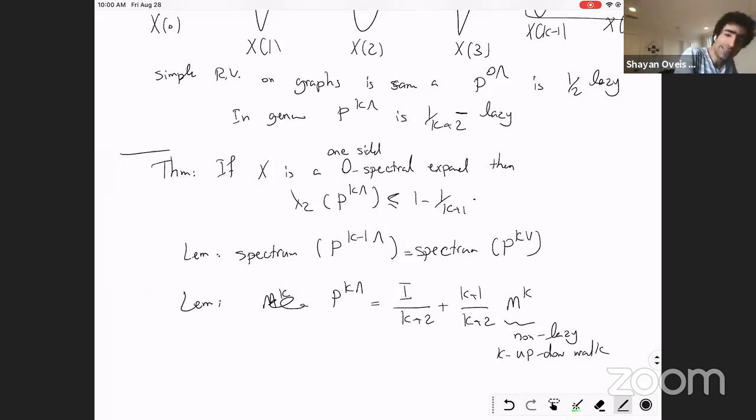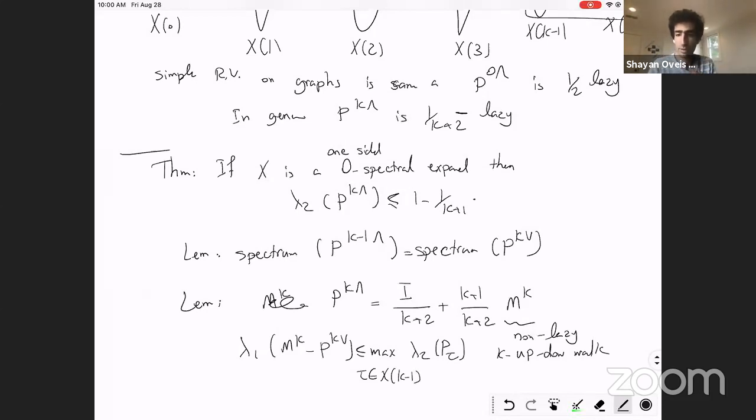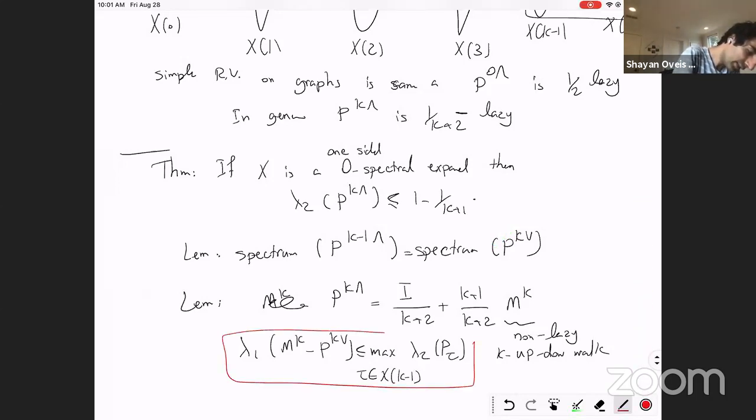And the second lemma says that the largest eigenvalue of M_k minus P_k down-up is less than or equal to the max of lambda 2 of P_tau for tau in X(k minus 1). Okay, so this is the most interesting thing.